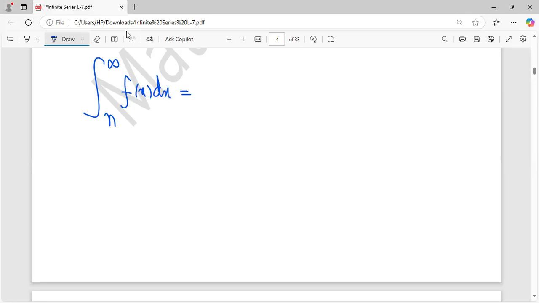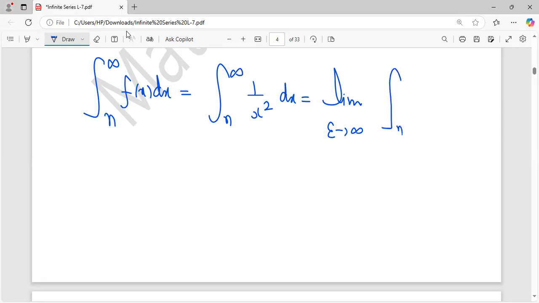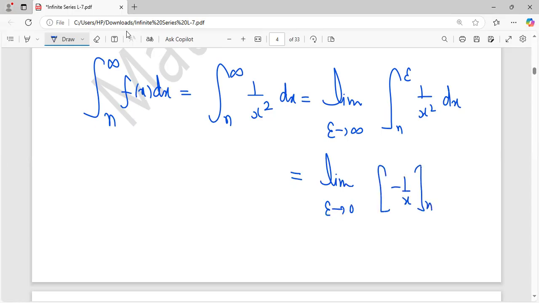That is the integral from n to infinity of 1 upon x square dx, that is the limit as epsilon tends to infinity of the integral from n to epsilon of 1 upon x square dx. So this is the limit of minus 1 upon x from n to epsilon, which is the limit as epsilon tends to infinity of minus 1 upon epsilon plus 1 upon n. So this is 1 upon n.